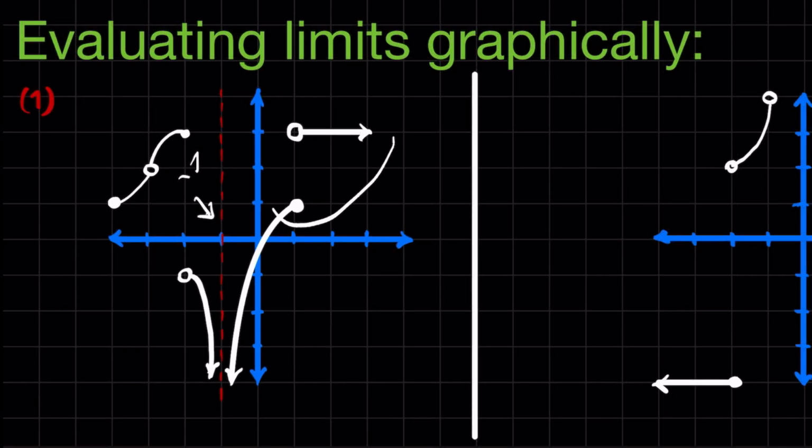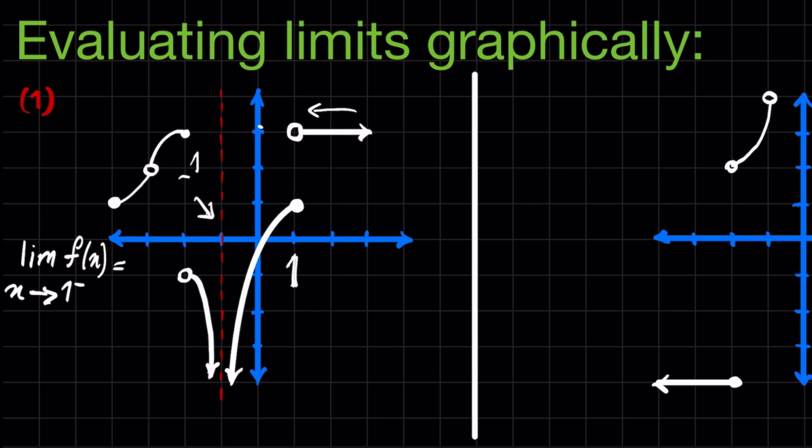And for this part, we're going to check if the limit is available or not, and if yes, what the values are. So for x equals 1, if we check the limit from the left side, we're going to see that it's getting close to 3.